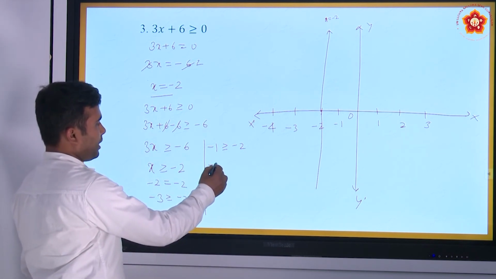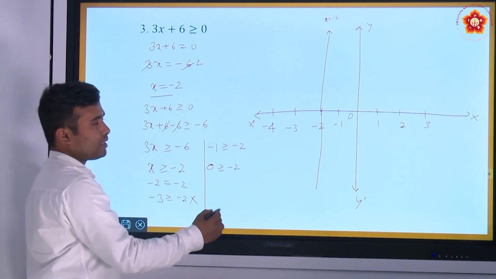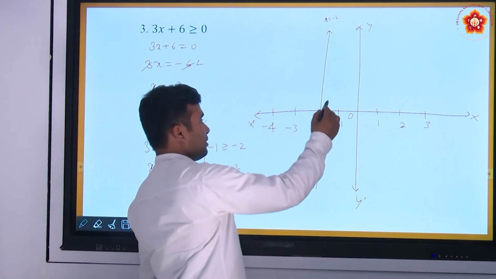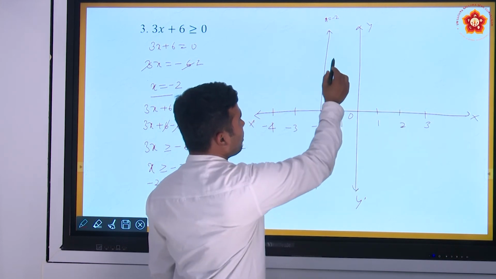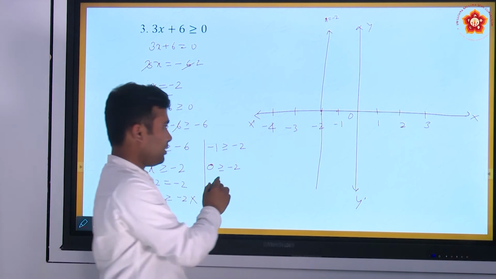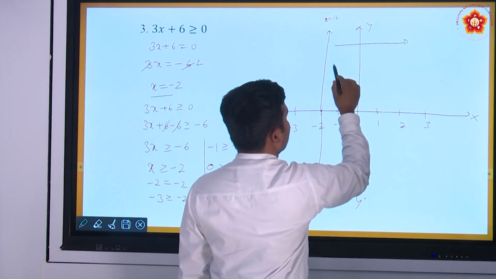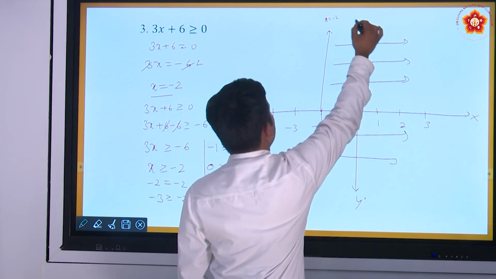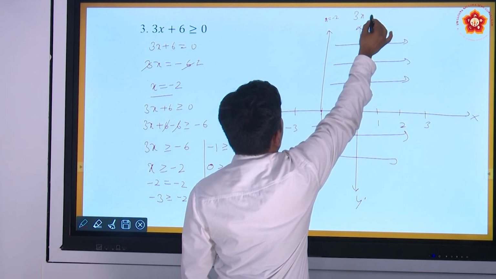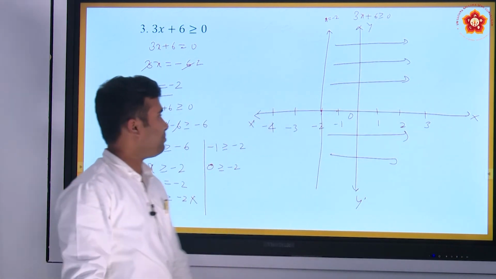Like that, if I take 0, it is also greater than or equal to minus 2, right? Therefore we can say the region includes x equal to minus 1, 0, 1, 2 and all values which are greater than minus 2. So I can say the region is this. This is the solution region for the given inequality 3x plus 6 which is greater than or equal to 0.